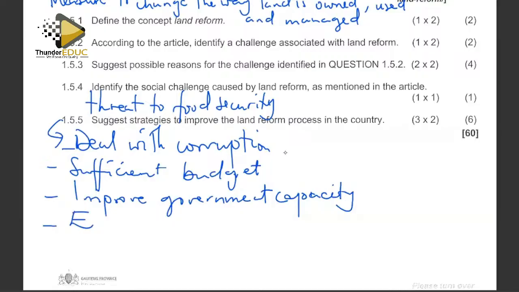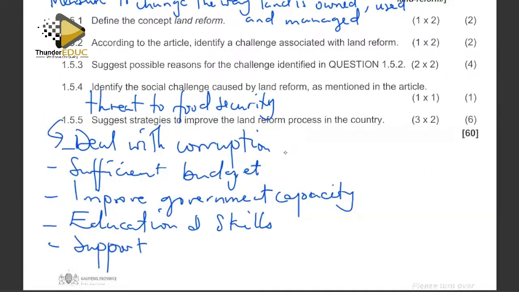Then we need education and skills. The farmers need to be equipped with skills to do productive farming. Then we can also talk of support. The government must offer support to the farmers. They also need infrastructural development.